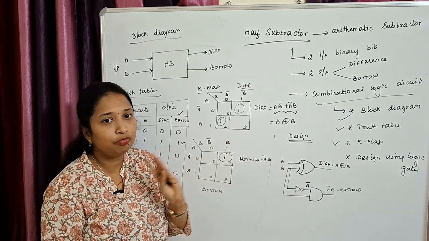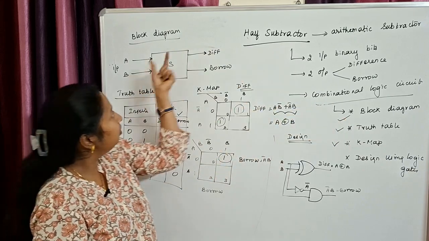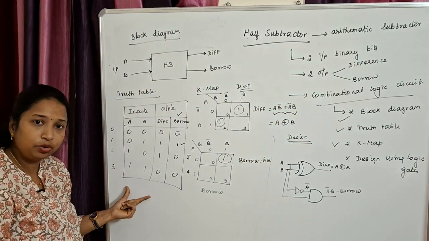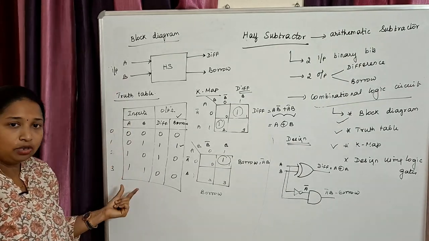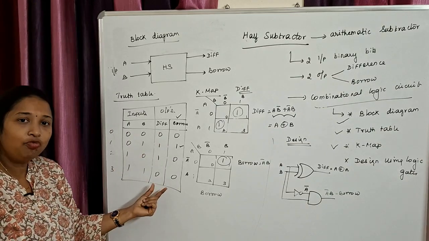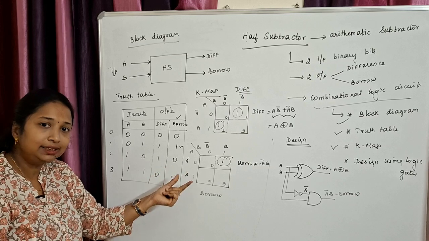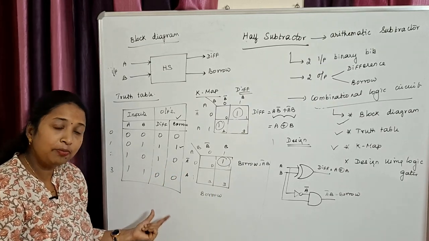For designing, what are the 4 basic steps that are required? First, you have to draw the block diagram. We have drawn the block diagram here. And after drawing the block diagram, you have to derive your truth table based on your inputs. Now, depending on the number of combinations, you can decide on what your output has to be. Clear? Now, after finding the output, what is the next step? You have to find the Boolean expression. But how do you find a Boolean expression from a truth table output?